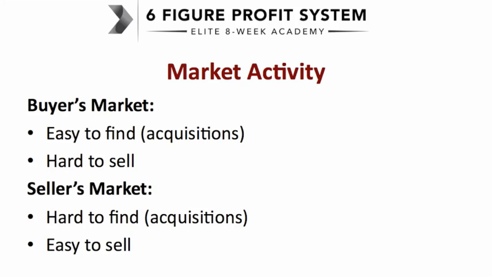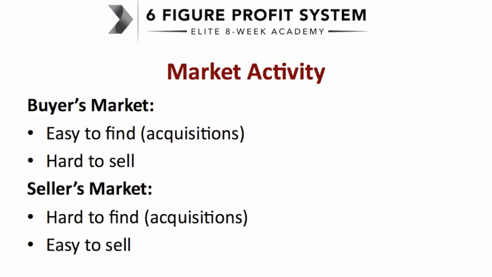As we go through the remainder of the business model and all the other facets of the business, I'm going to make sure that I talk to you about the different strategies based on buyer's market or seller's market and how we adjust accordingly. You'll learn as we go, but you've got to have a solid foundation for when I say a buyer's market, what that means, and when I say a seller's market, what that means. And this is where you do some research to determine that.